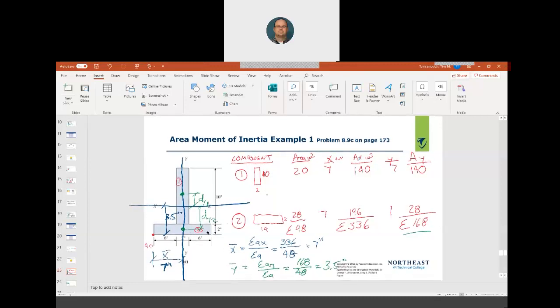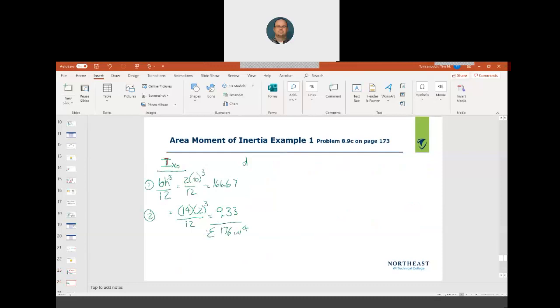So we want to find the x distance, dx. As we know, this is 0. This is 0. Our next column is area times our distance in the x direction squared. So 0, 0.